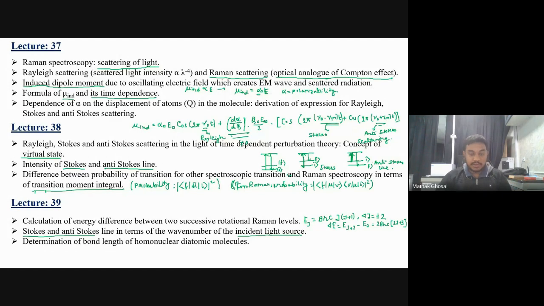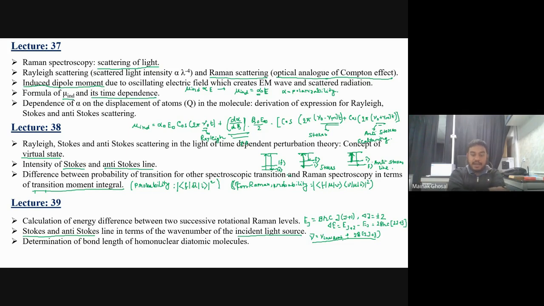It was shown that nu bar final should be nu bar incident plus minus 2B into 2J plus 3. This was also derived. So depending upon this plus or minus, you know the positions of these Stokes and anti-Stokes lines.